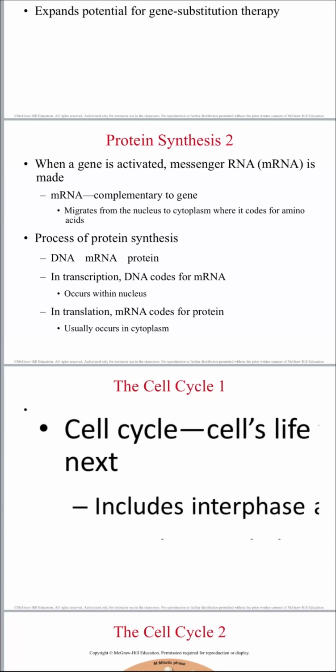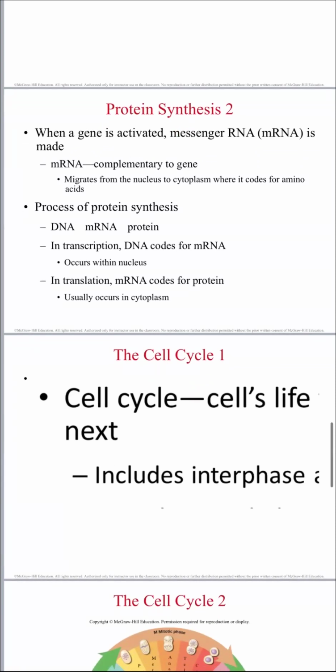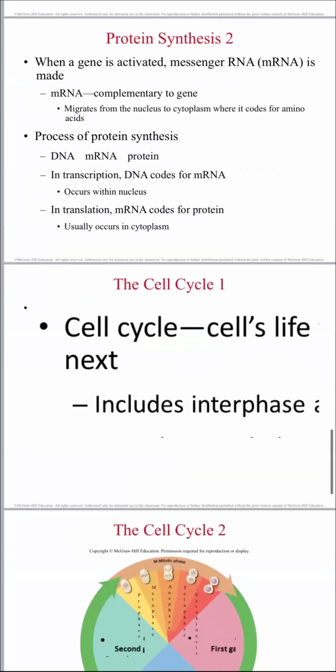So once we make messenger RNA, we take it into the cytoplasm, bind it with ribosomes, and we start finding the correct amino acids for it, right? mRNA codes for proteins, and it occurs in the cytoplasm.